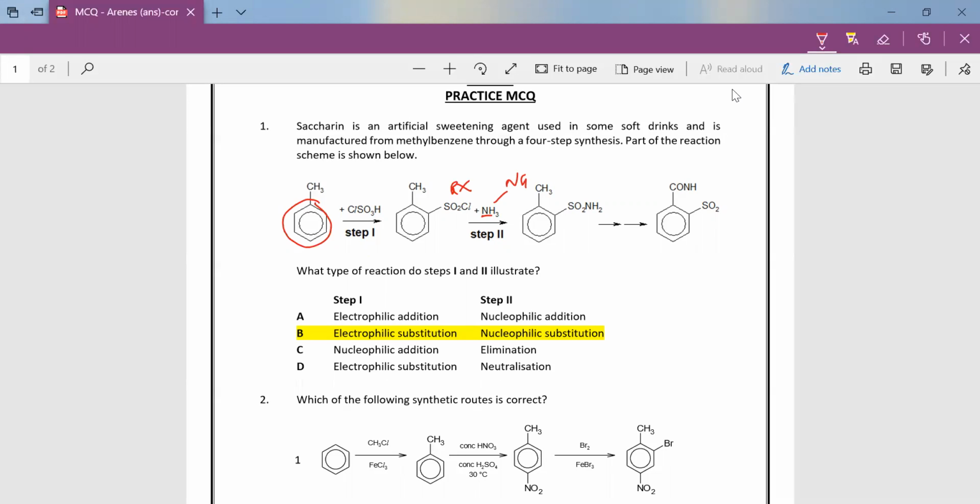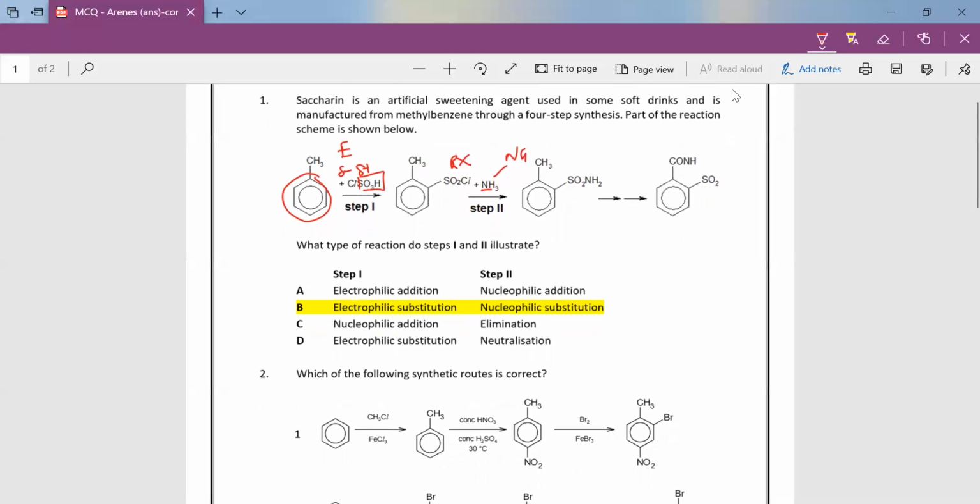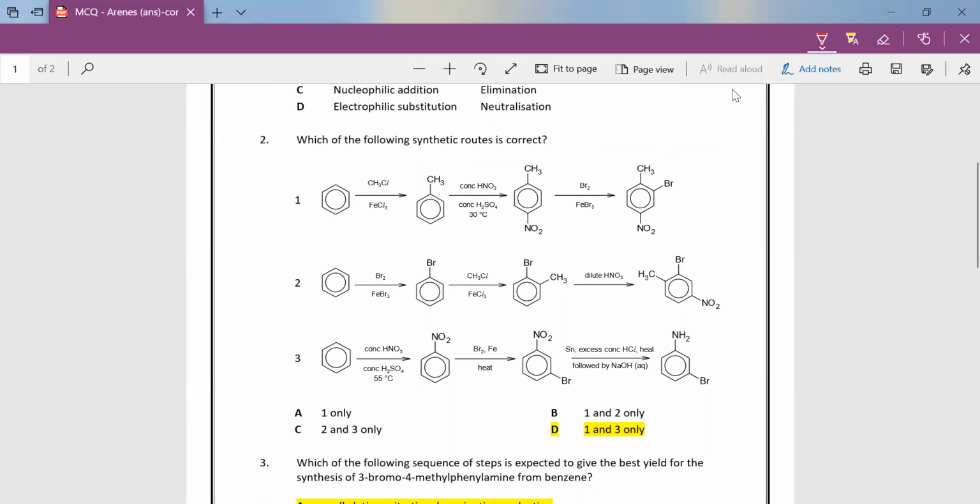All right, so this Cl is a delta plus, which is acting as an electrophile. Okay, my apologies. The Cl is delta minus. So the S should be the one that's delta plus. Okay, so the electrophile is actually your SO3H.